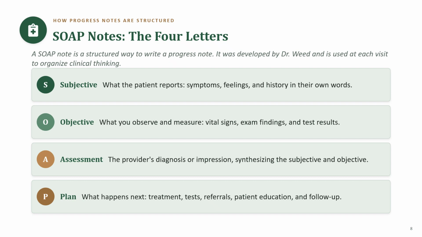P is for plan. This is what happens next: the treatment, any tests or referrals, the patient education, and the follow-up. So SOAP moves logically from what the patient tells you to what you find to what it means to what you will do. That subjective versus objective distinction in the first two letters is so important that it gets its own slide. That's coming next.